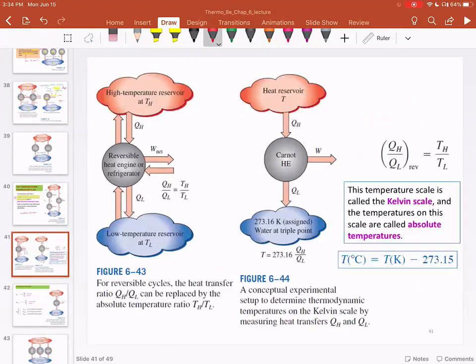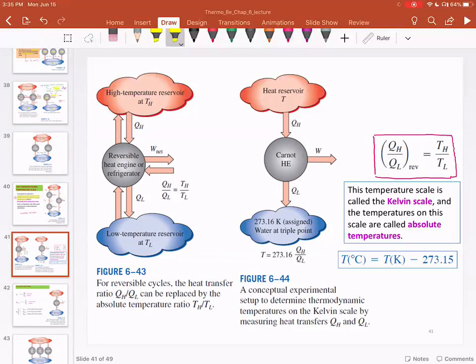And that leads to the definition that we have been talking about: QH is proportional to TH and QL is proportional to TL. In other words, the heat of a source or sink is proportional to the temperature of the source or sink respectively.